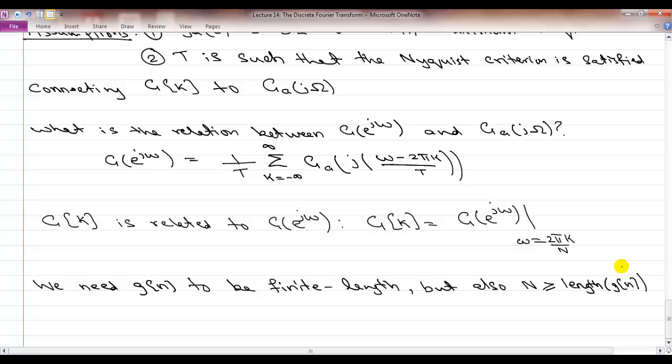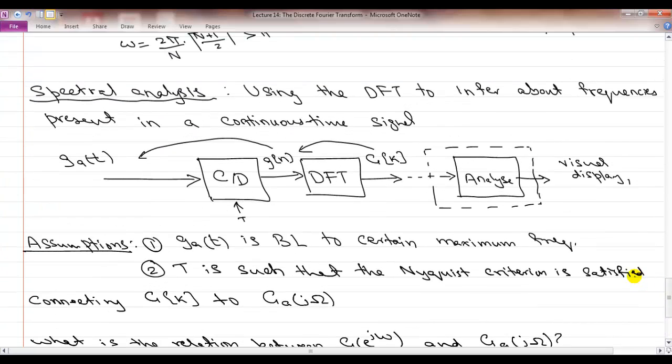And in many cases, we have to limit the sequence to a certain finite length. For example, if you generated a pure cosine, the only way you can really do an analysis of the cosine is if you are given the cosine from minus infinity to infinity. But we can't have a sequence from minus infinity to infinity, so we have to limit it to a certain range.